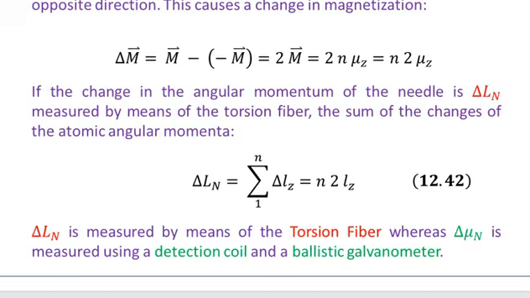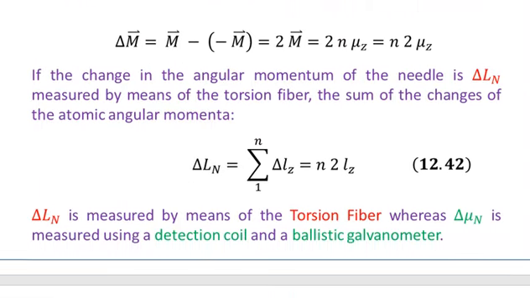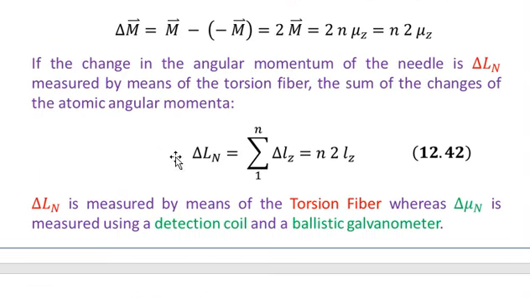You see that the previous equation, equation number 41, dealt with the change in magnetic moment. And here we are talking about the change in angular momentum of the sample, which is equal to the summation from 1 to N of delta Lz, where delta Lz is the change in the Z component of the individual atom.